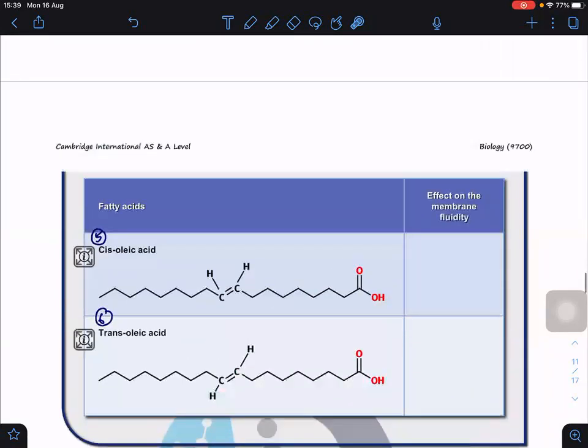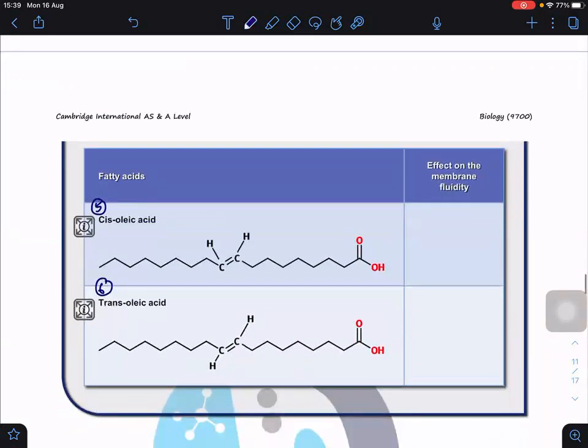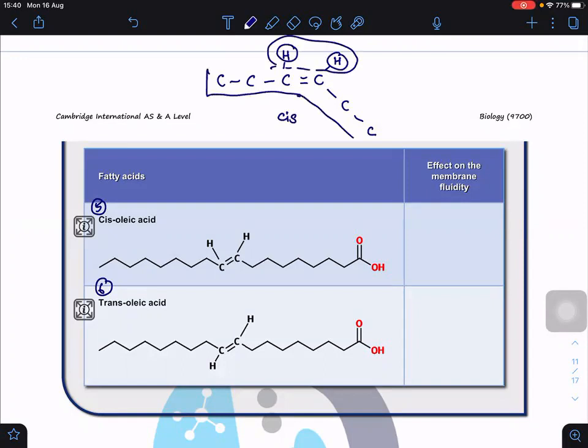Now, what will happen here is, when you have a double bond carbon, the next carbon will be like this. So that's why it bends. Are you clear? It bends this way. So you have the hydrogen and hydrogen here. This one is known as cis because the hydrogens are actually at the same position. So with cis, definitely you can see that the overall structure bends.